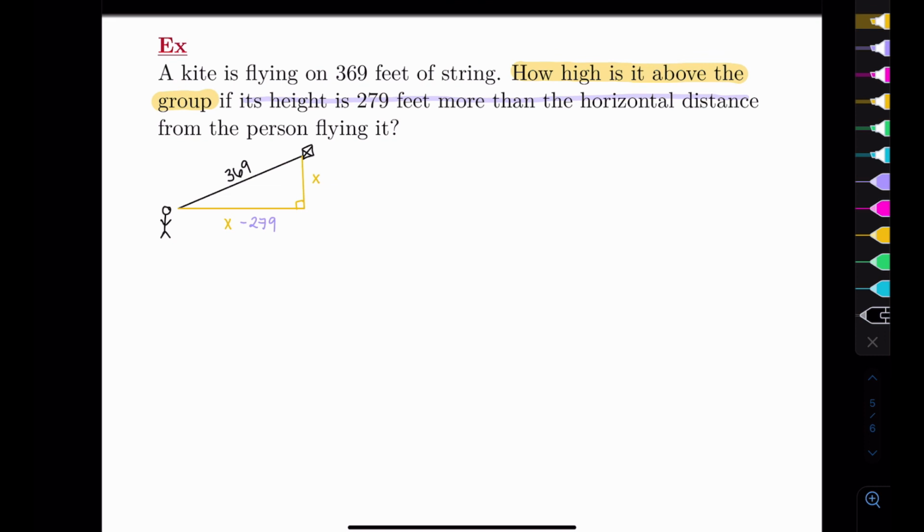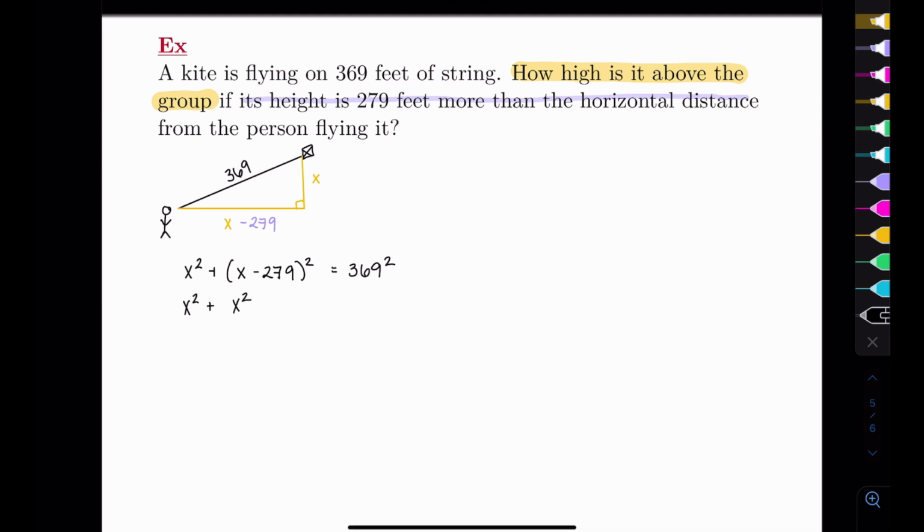And now from here, I've got to set up an equation involving x, and I've got a right triangle in here, so my Pythagorean theorem is going to be the best thing to use. So I take one side squared, I add to it the other side squared, and that equals my hypotenuse squared. So unfortunately, we're going to get some real big numbers. This is x squared. If you go ahead and FOIL this out, I'm going to trust you can do that.